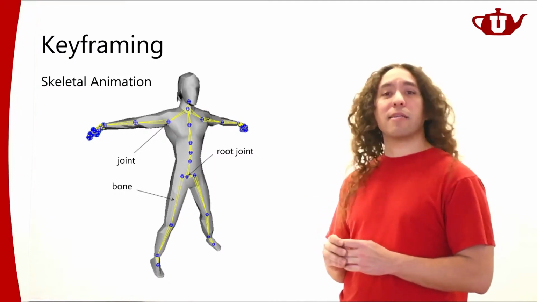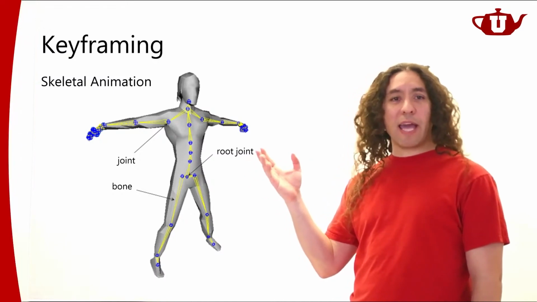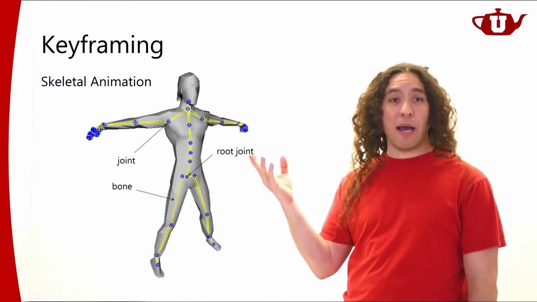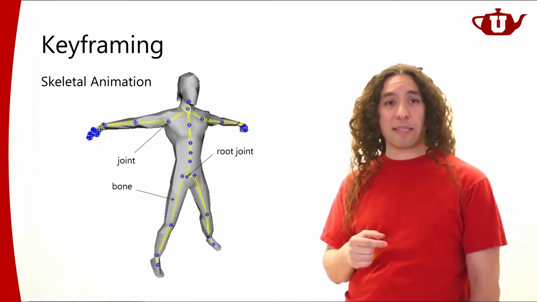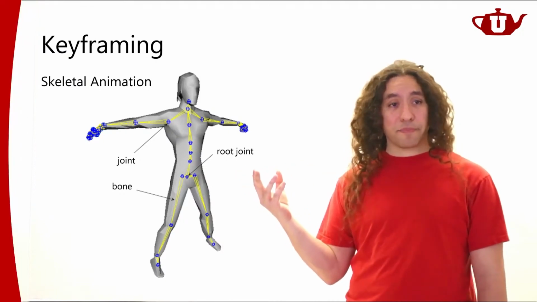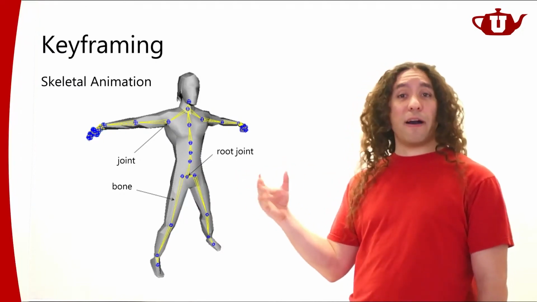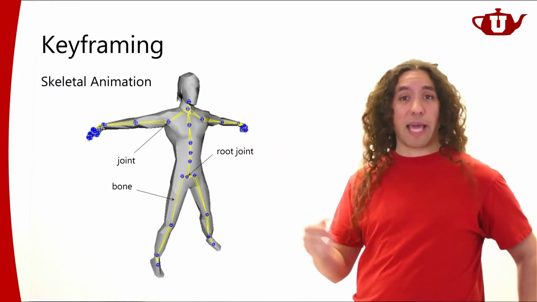So the concept of skeletal animation is that I first start with defining a skeleton for my model. Whatever my model is, I define a skeleton for it. And then the skeleton, the shape of that skeleton, is going to define the deformation of the surface that's attached to the skeleton.